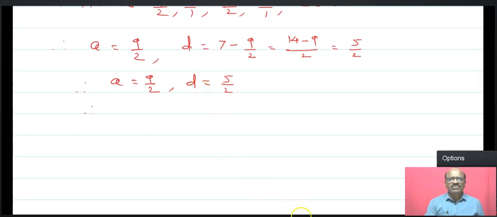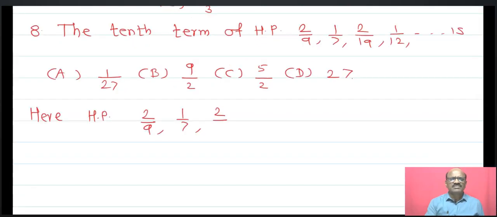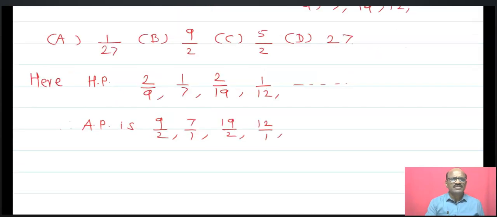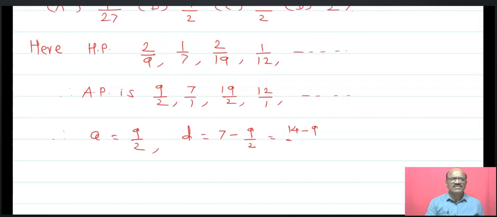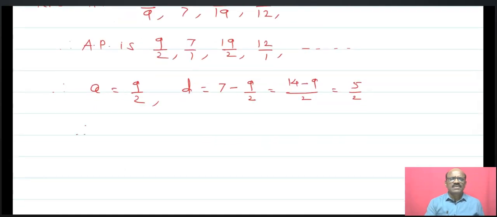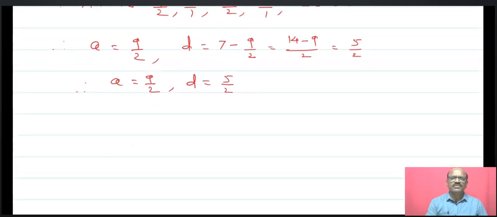Now as we want to find the 10th term, in this way, see this, A is equal to 9 by 2, D is equal to 5 by 2, and N is equal to 10.